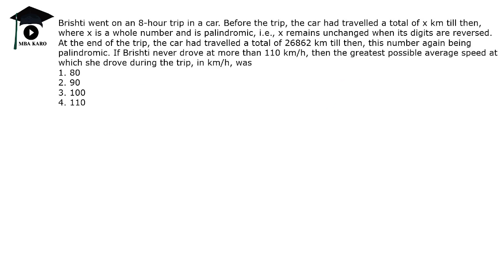Brishti went on an 8-hour trip in a car. Before the trip, the car had traveled a total of x kilometers till then, where x is a whole number and is palindromic. That is, x remains unchanged when its digits are reversed. At the end of the trip, the car had traveled a total of 26,862 kilometers till then, this number again being palindromic.